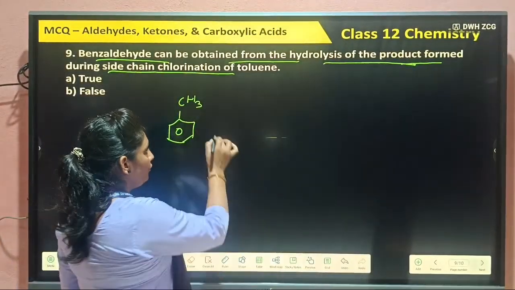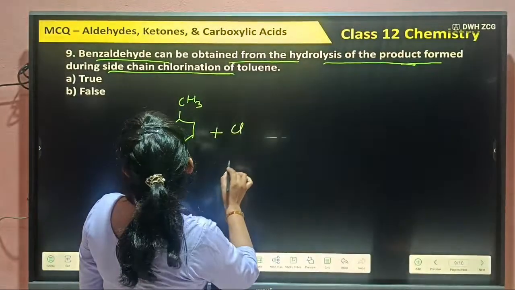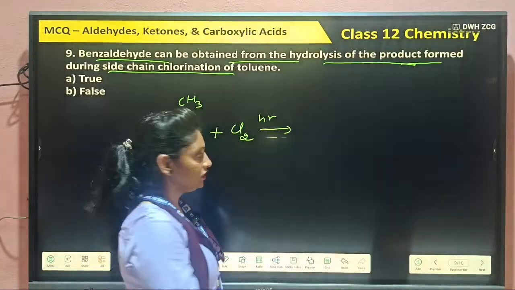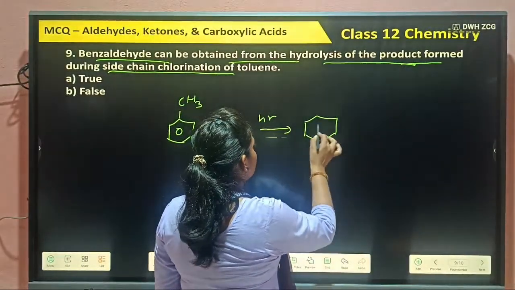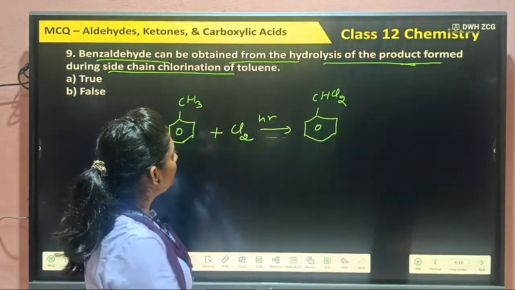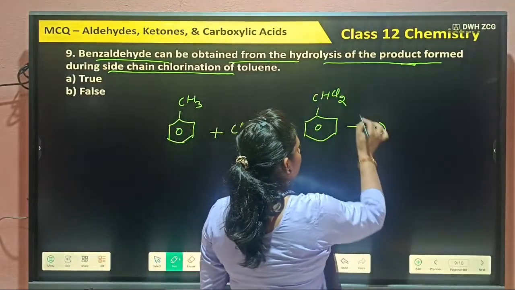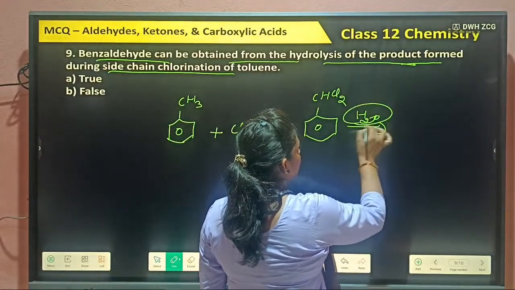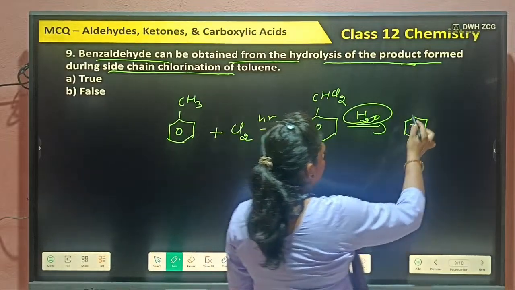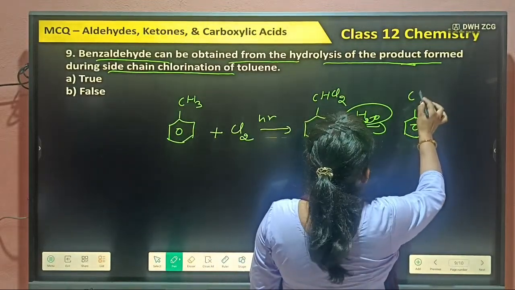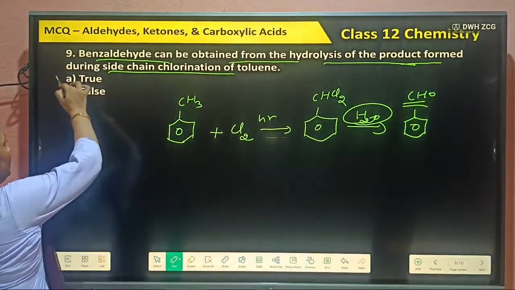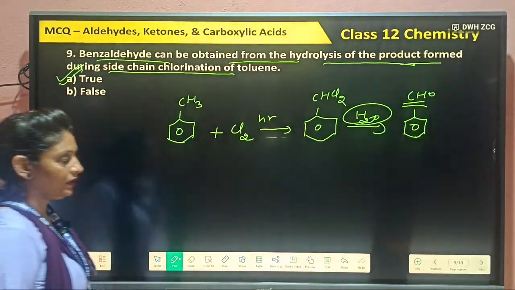If we do chlorination in presence of sunlight, then side chain chlorination will take place and it will produce benzyl chloride. Then we will do hydrolysis of this one, and finally we can get benzaldehyde. Okay students, so this is the right statement, it is true.